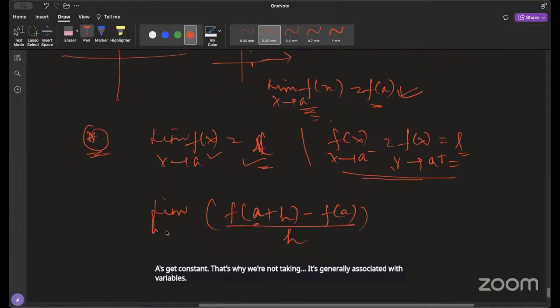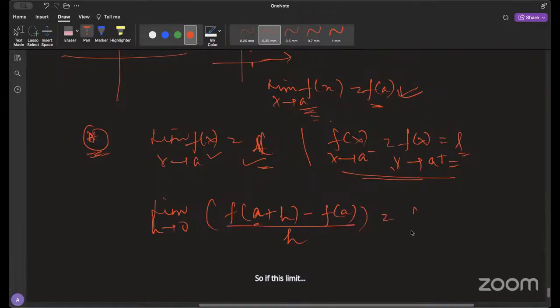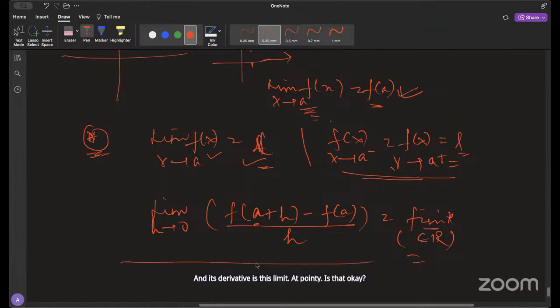So if this limit exists and is finite, by finite we mean it belongs to real numbers, then we say that it is differentiable, and its derivative is this limit at point a. Is that okay? Okay, ma'am. Yes.